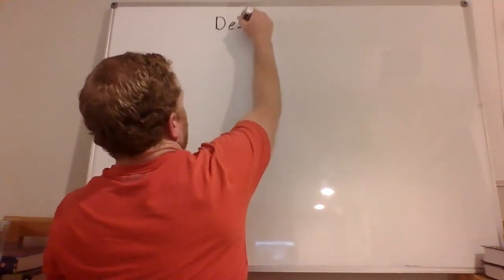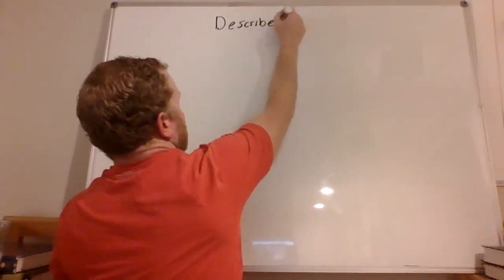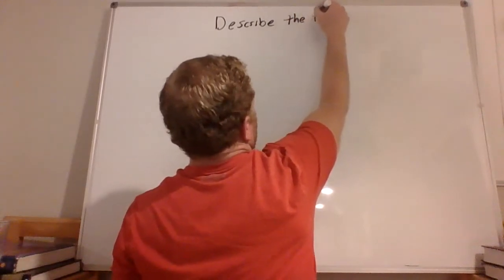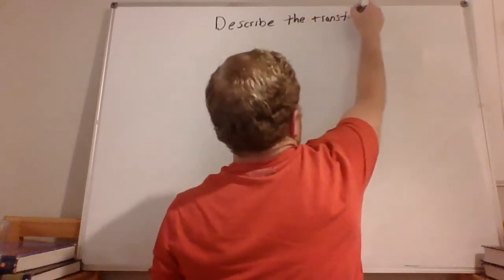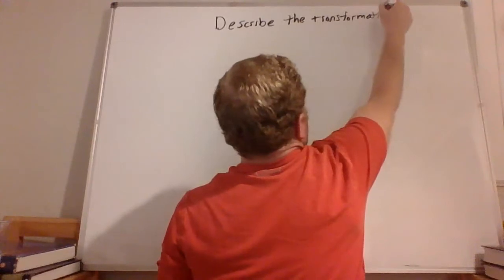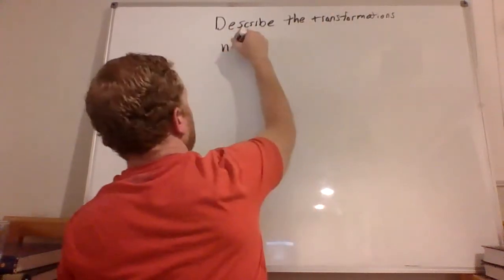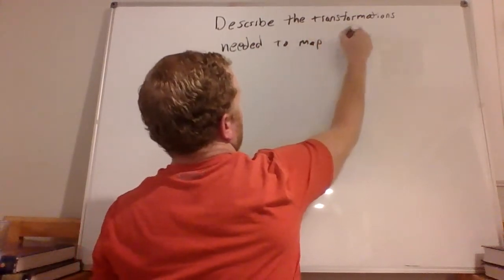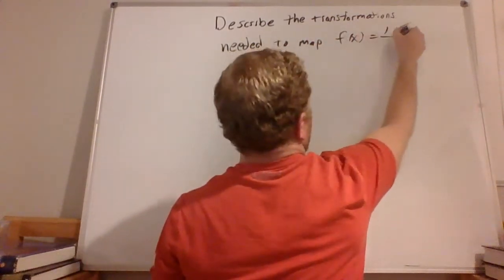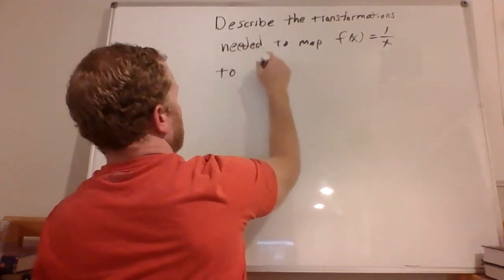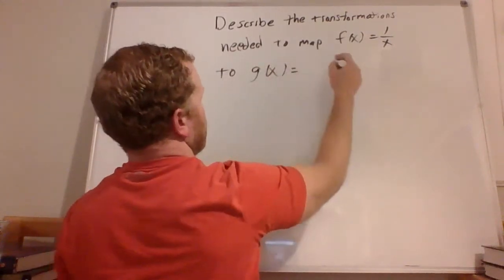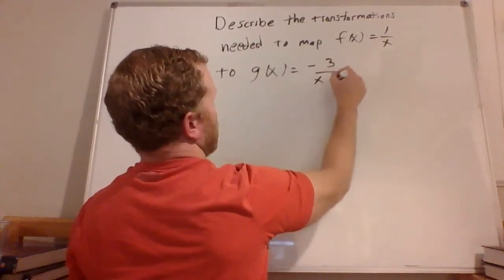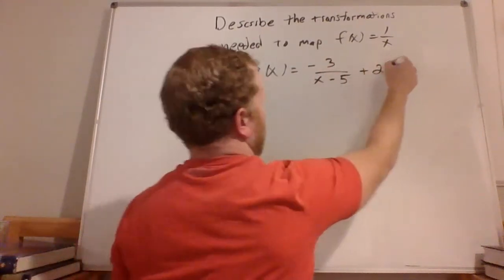So we want to describe the transformations needed to map f of x equals 1 over x to g of x equals negative 3 over x minus 5 plus 2.